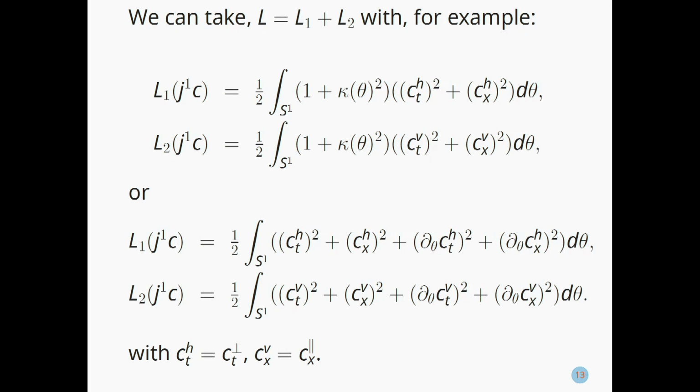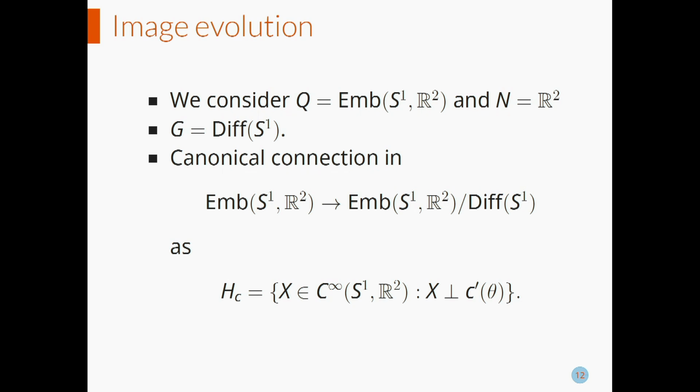If you consider Q as the space of embeddings, that is, parametrized closed curves on the plane, and you consider R2 as N, your objects are curves on the plane parametrized by two parameters.